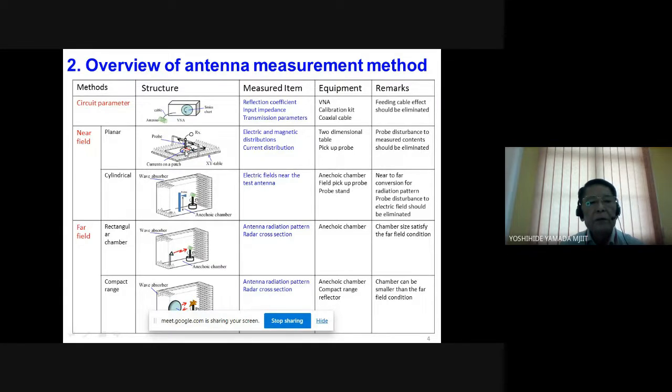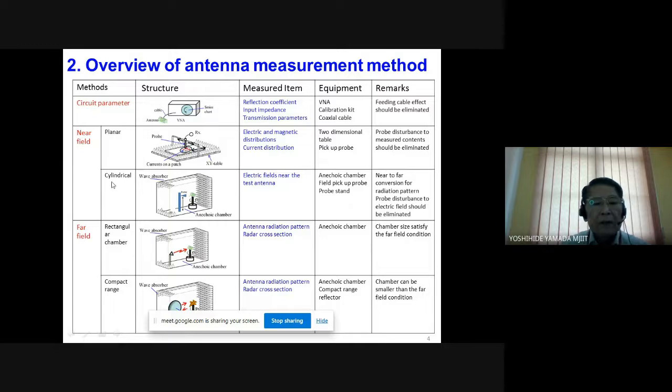We can measure electromagnetic distribution and current distribution near the antenna. So from this information, we can judge this antenna is working correctly or not. And based on the near field distribution, we can calculate the radiation pattern of this antenna.